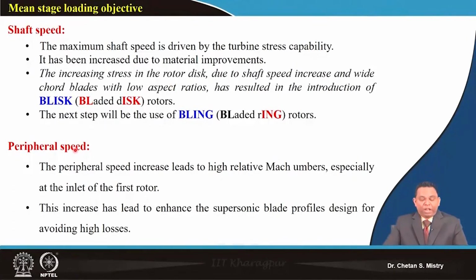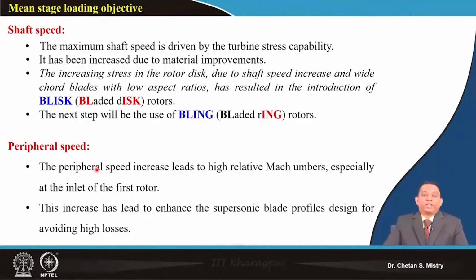Okay. Second parameter, as we have discussed, is my peripheral speed. When we increase our peripheral speed, we will have a higher relative Mach number, mainly at the entry of my compressor, the very first stage of my rotor.